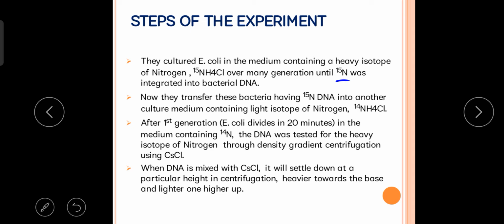Okay, now the DNA was tested for the heavy isotope of nitrogen through the density gradient centrifugation using cesium chloride. So when they transferred the bacteria from the 15N medium to 14N medium, after 20 minutes the bacterial cell divides, and along with the cell division the DNA also divides.